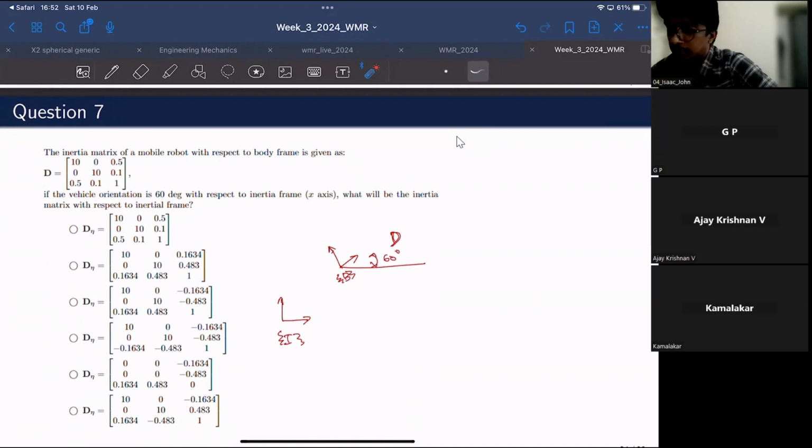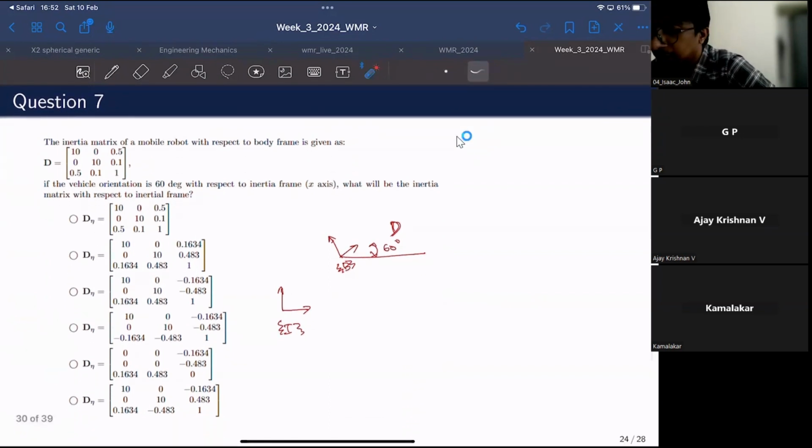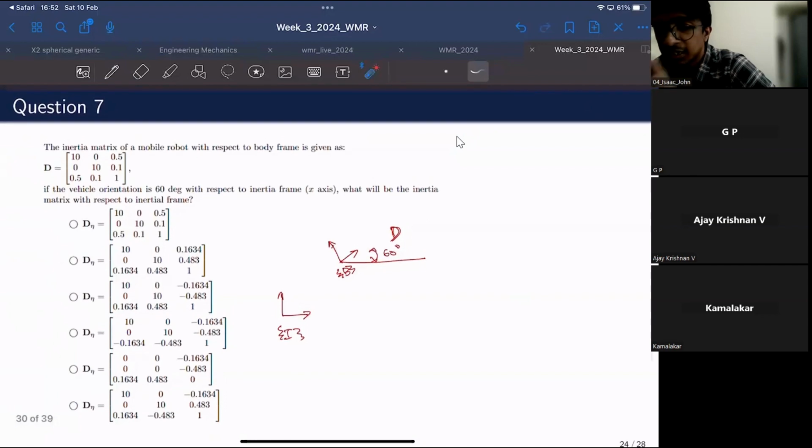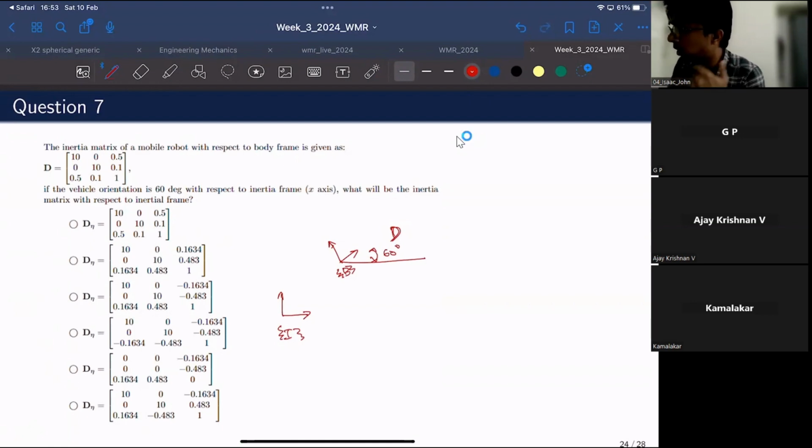We have basically discussed the transformation of matrices from the body frame to the inertial frame. If you can recall, I'll simply write this expression. If you wish to go back to the derivation, you can find the recording of this lecture, or you can go back to the NPTEL lecture videos of the professor.